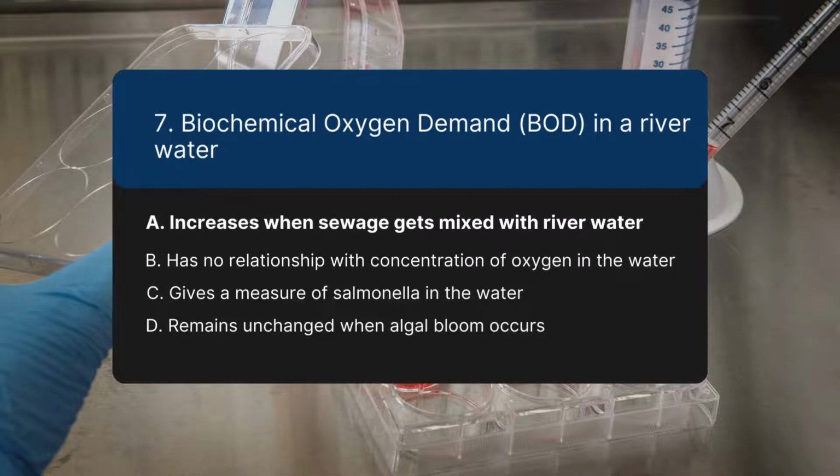When algal bloom occurs, they also need oxygen. So the amount of dissolved oxygen needed by organisms also increases. So option D is also incorrect. Correct answer is option A. That means when sewage gets added, the bacteria in the sewage also need oxygen. So the amount of oxygen needed by the organisms increases. So BOD increases.